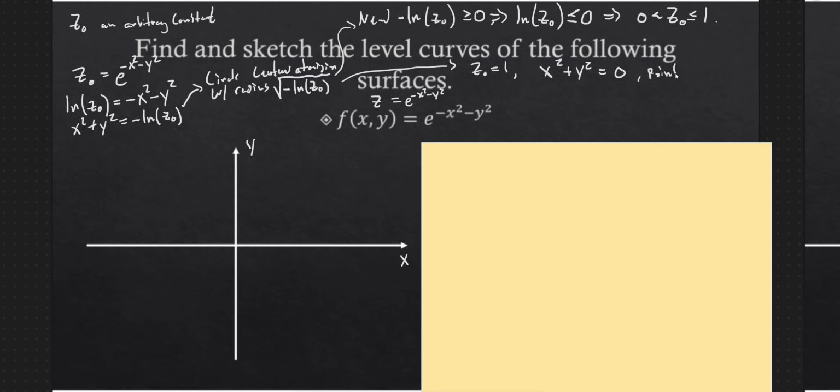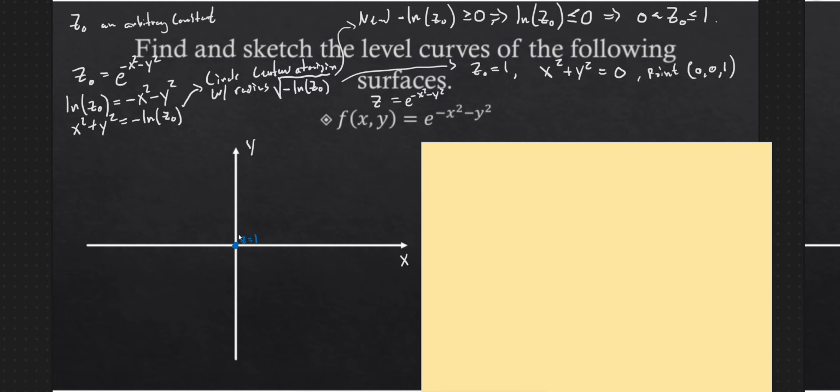This isn't even a curve, it's just a point at 0, 0, and this corresponds to z equal to 1. So at z equal 1, we just have a point.